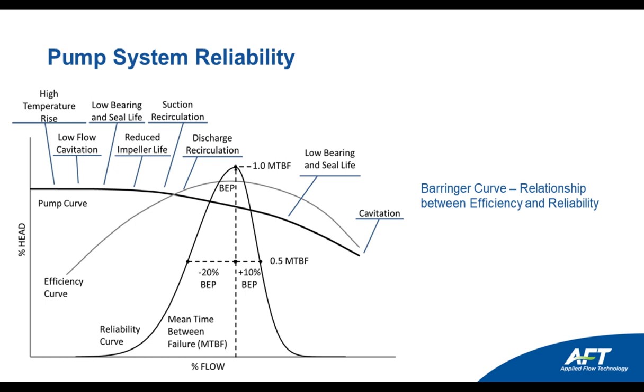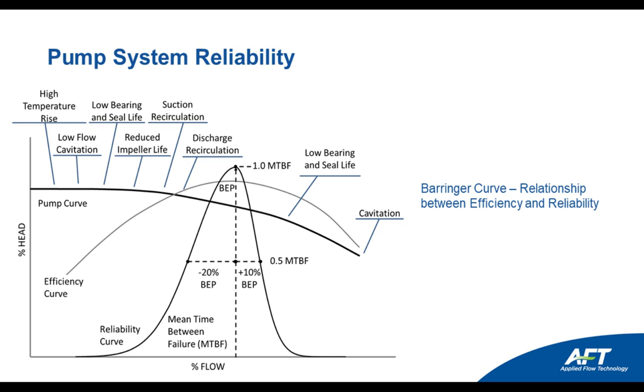And so if you're operating at the best efficiency point, the mean time between failure is going to be the longest period, and you're going to have the best reliability factor. That's what is known as 1 MTBF. So that's going to be the longest time between failure at the BEP.